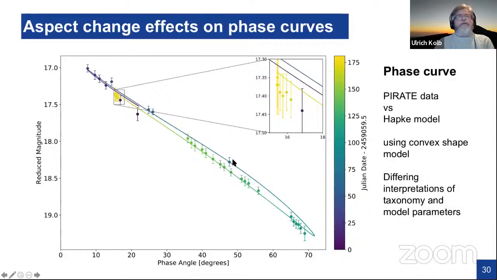And we spent a good deal of time to establish that this is a real difference and not just mimicked by photometric noise where perhaps certain data points sit above or below expectations. It is a very real effect.